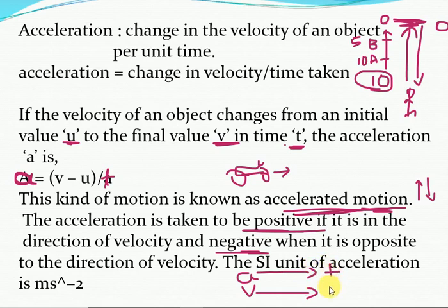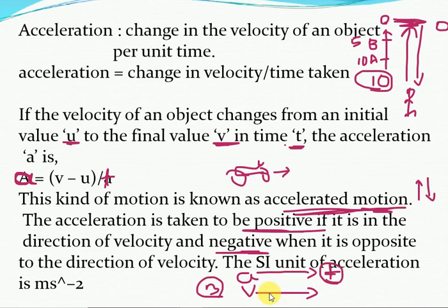Now suppose this is a body, moving in this direction. So this is the direction of the velocity. If the direction of acceleration is also the same as the direction of velocity, then the acceleration is taken as positive. That means here the velocity of the body is increasing.